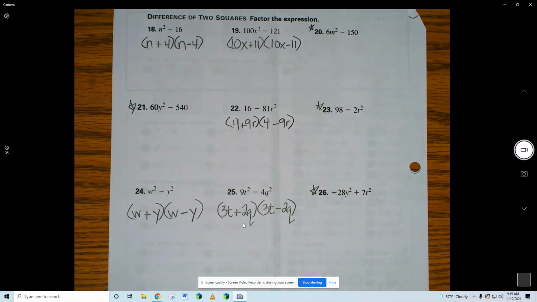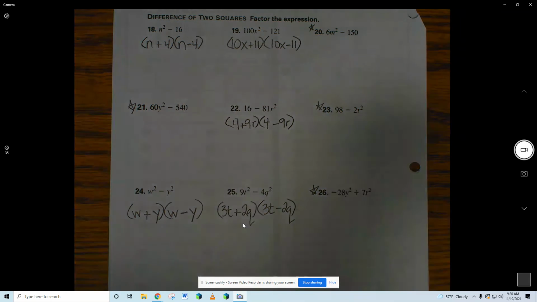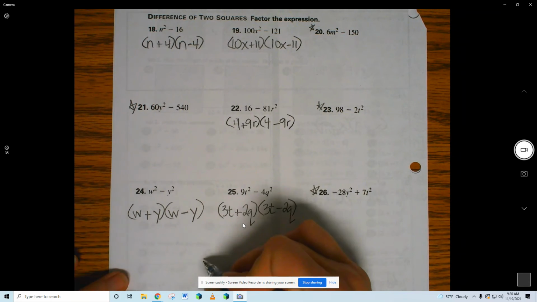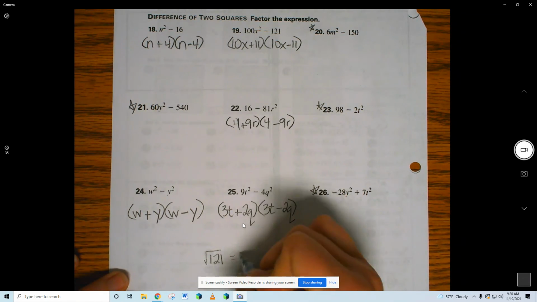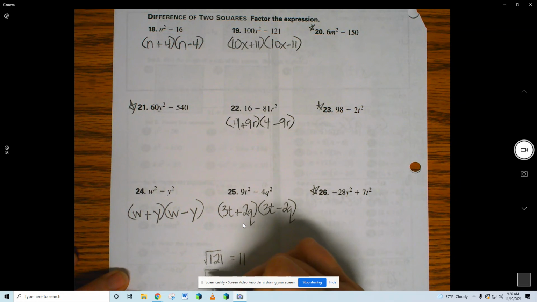So all of these have a pattern. They're those special list of numbers. 1, 4, 9, 16, 25, 36, 49, 64, 81, 100. I didn't talk to you about higher than that, but the square root of 121 is 11. The square root of 144 is 12.